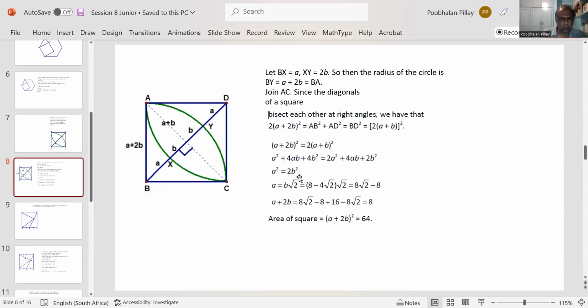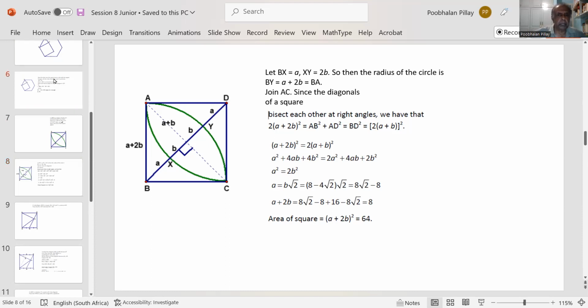From A squared equals 2B squared, you find square roots on both sides, and A will be equal to square root of 2 times B. That's what we've got here. And then when you need to substitute, you substitute for A, and you substitute for B, and you work it out, and you get a very nice answer. All right, so this is the full solution to this problem.